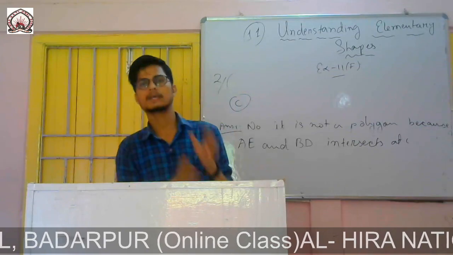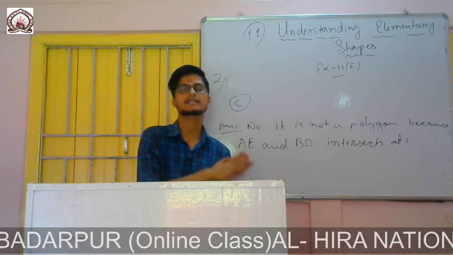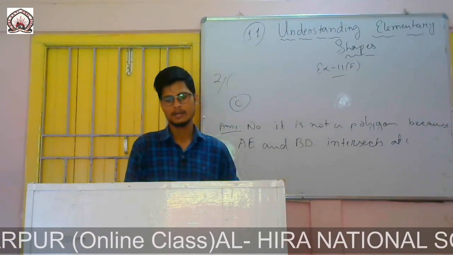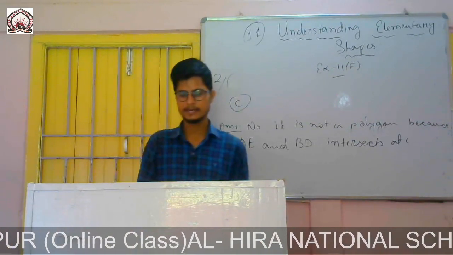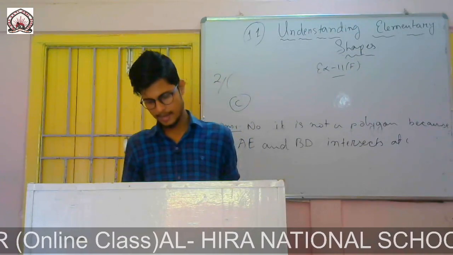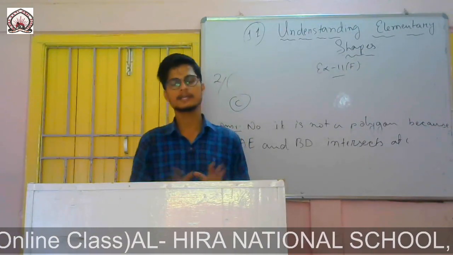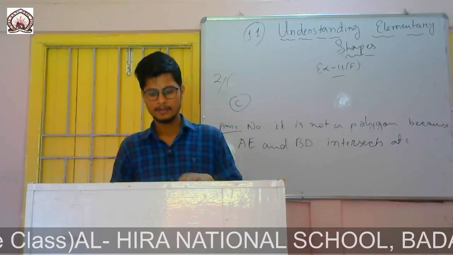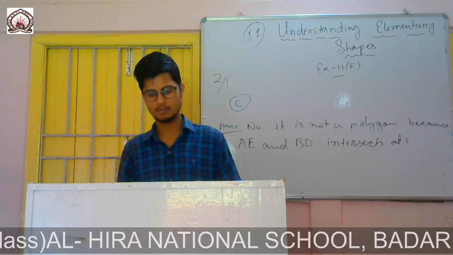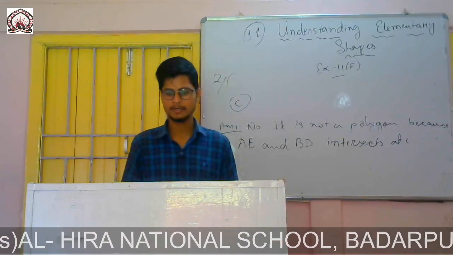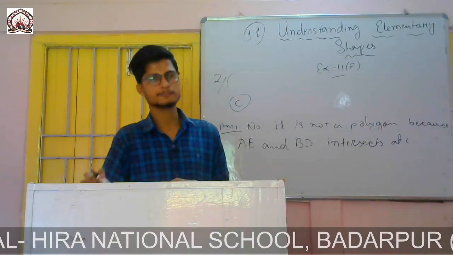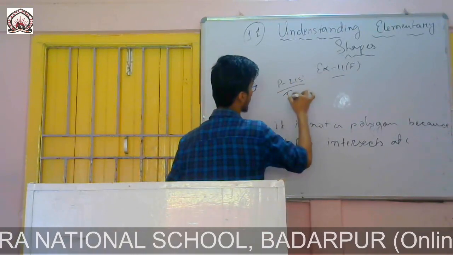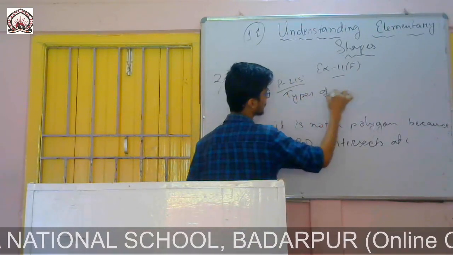If it has 7 sides, we say it is a heptagon. If it has 8 sides, octagon. If it has 9 sides, nonagon. And if it has 10 sides, decagon. On page number 215, you will find a table of types of polygons.